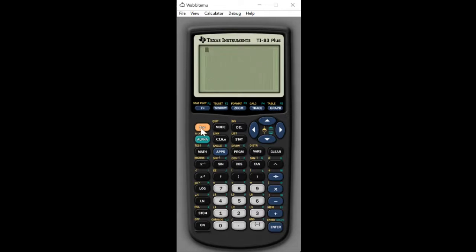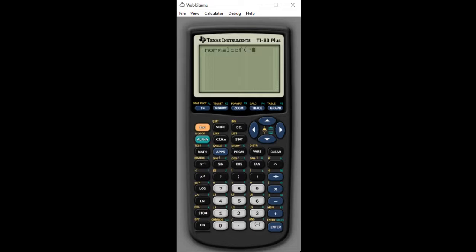So first thing you're going to do, Jennifer, you're going to hit the second button, and then you're going to hit that button that says VARS. Is your number 2 normal CDF? Right there, that second one, you're going to go to that, and hit enter. And I think the numbers that we had was negative 1.25.